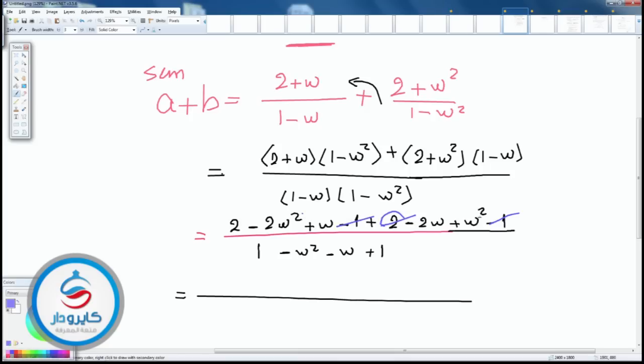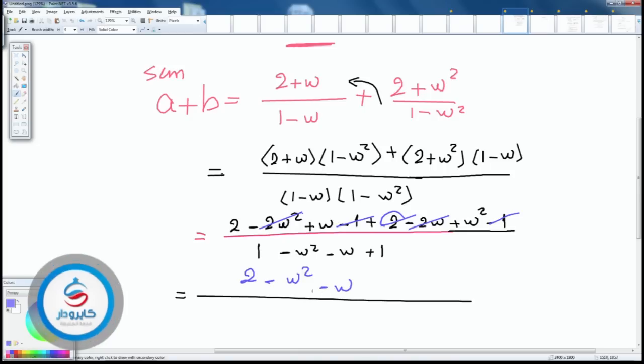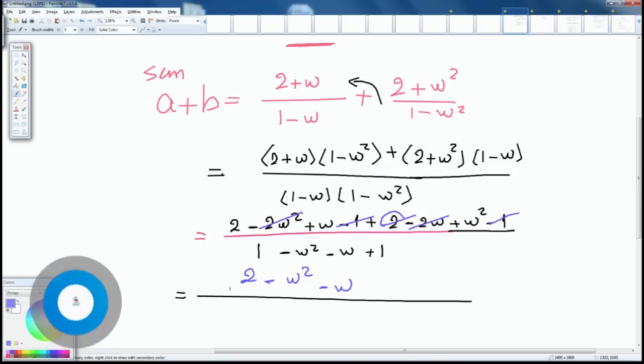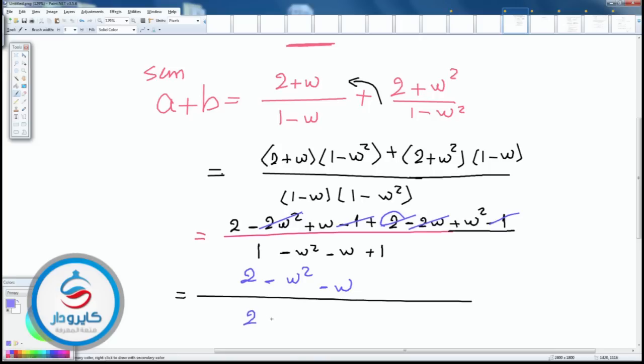Keep these 2 and negative 2, negative 2 squared. It will be 2 minus omega square minus omega over 2 minus omega square plus omega.